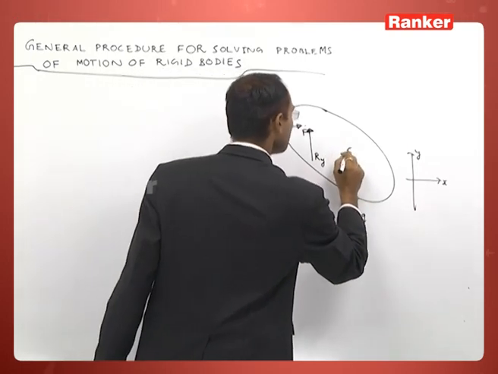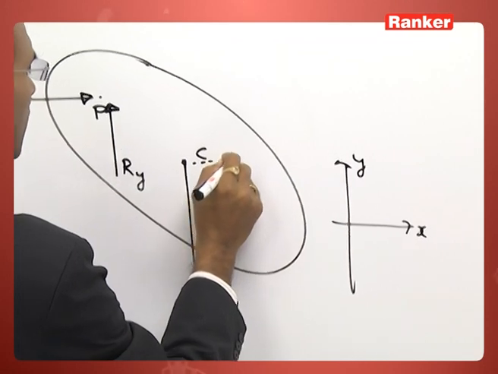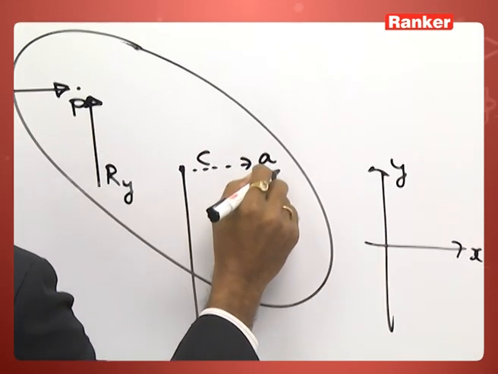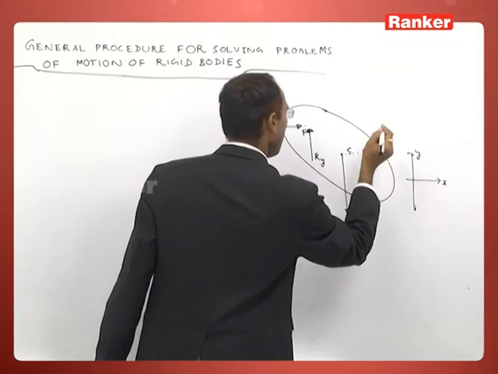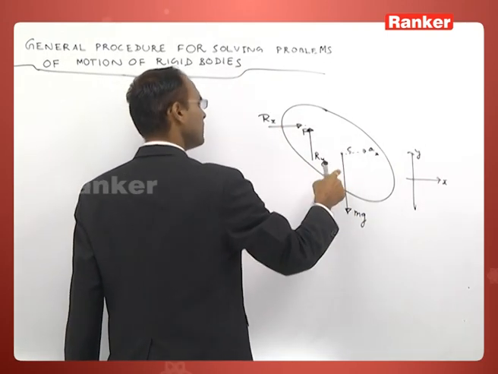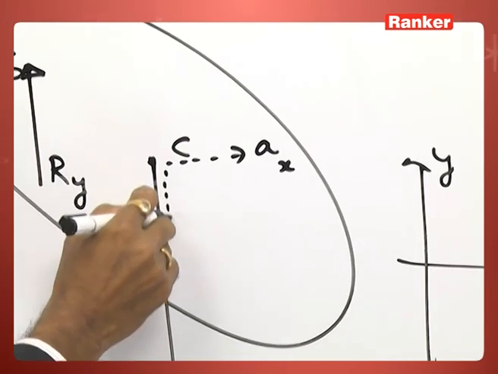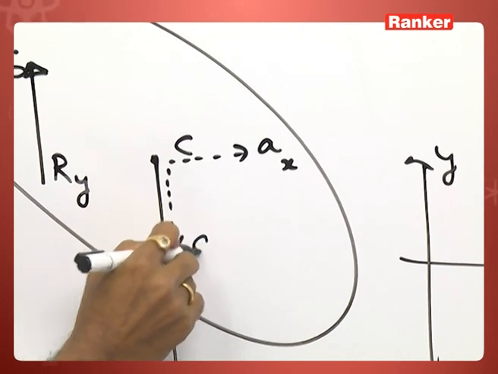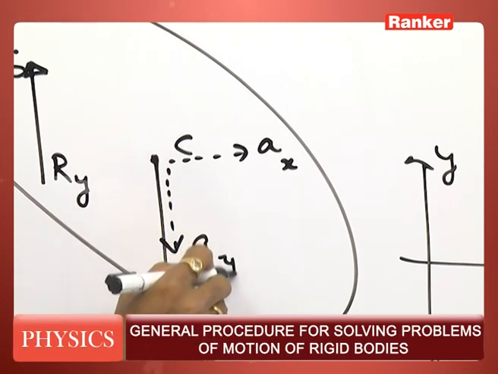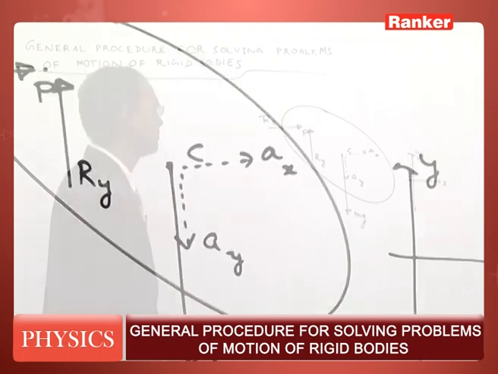Let the center of mass move with acceleration ax along the x direction, and along the y direction let its acceleration be ay, down.